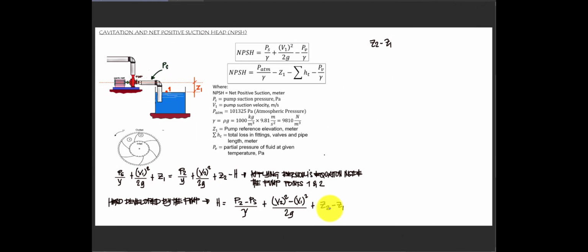The change in elevation, Z2 and Z1, can be eliminated due to its smaller value.